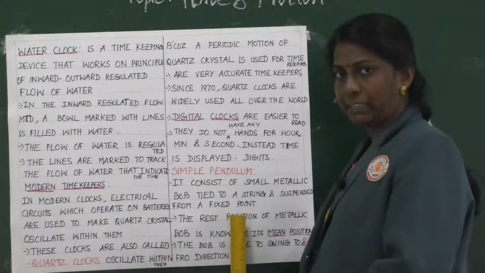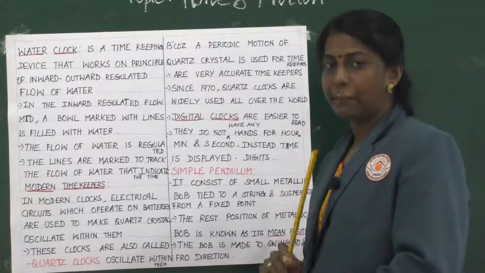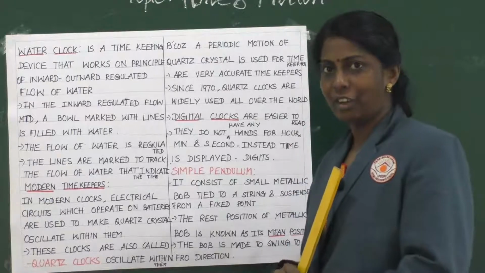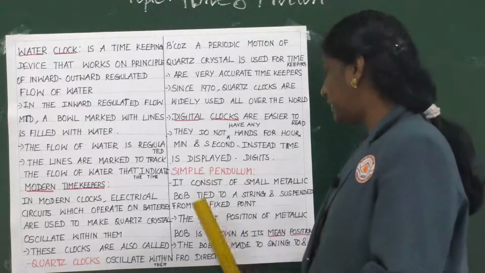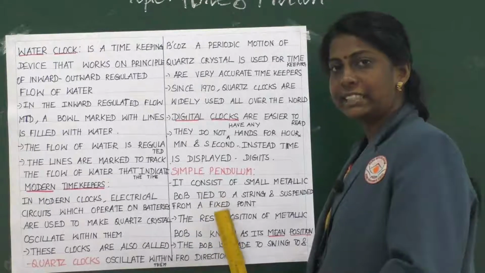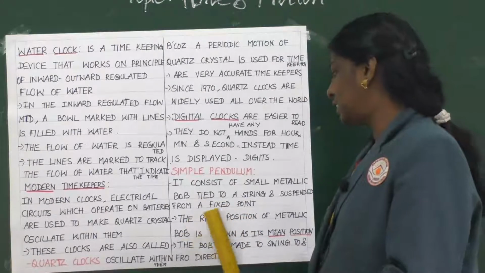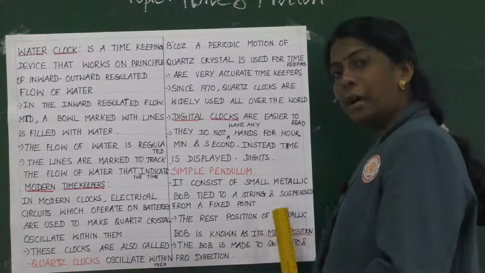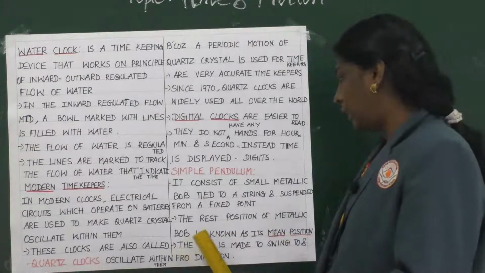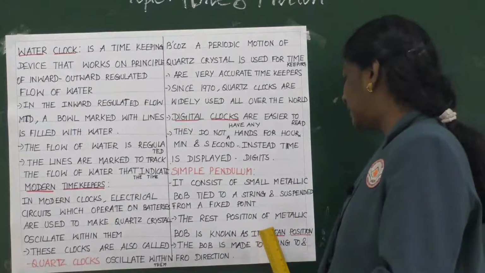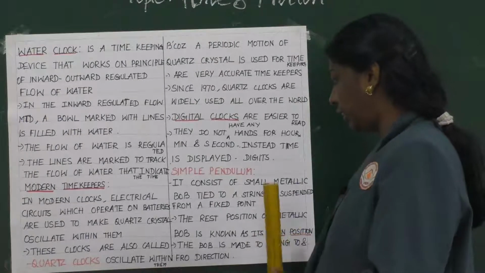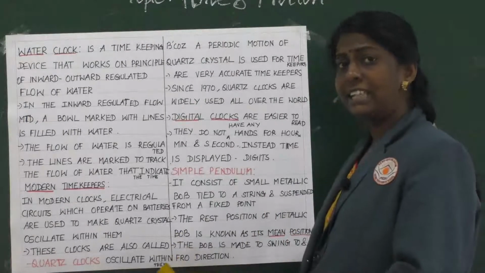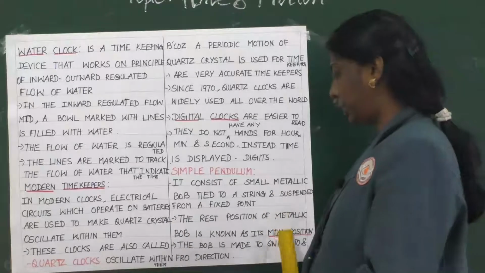We saw in the picture 3 small metallic bobs suspended from a fixed point. The rest position of the metallic bob is known as its mean position.